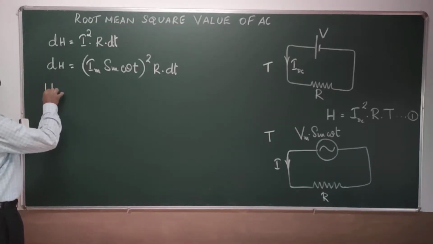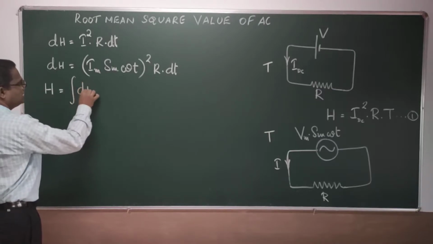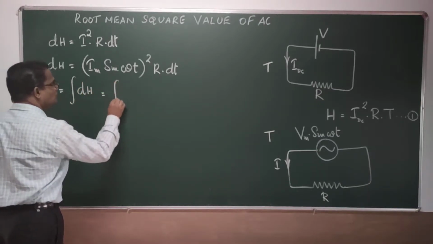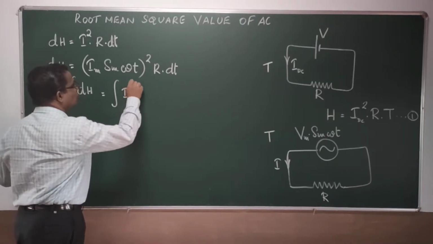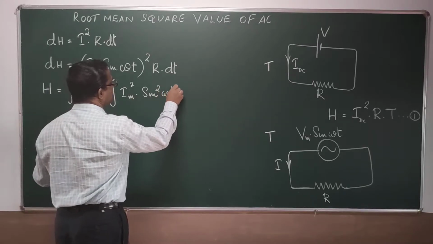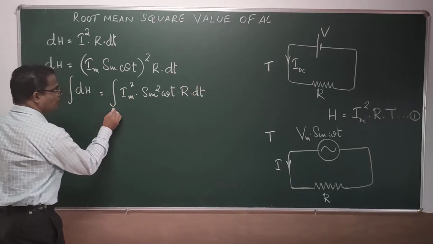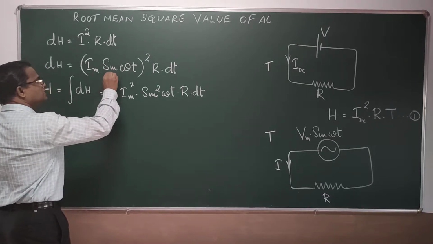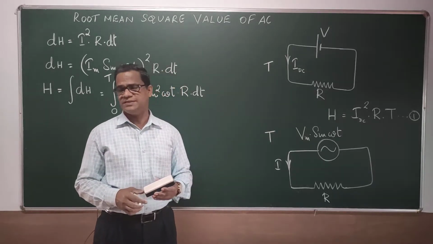Therefore, the total heat energy developed H will be equal to the integral of dH, that is the integral of Im squared sine squared omega t into R into dt from 0 to capital T, because we are fixing the time duration as the complete cycle of the AC.